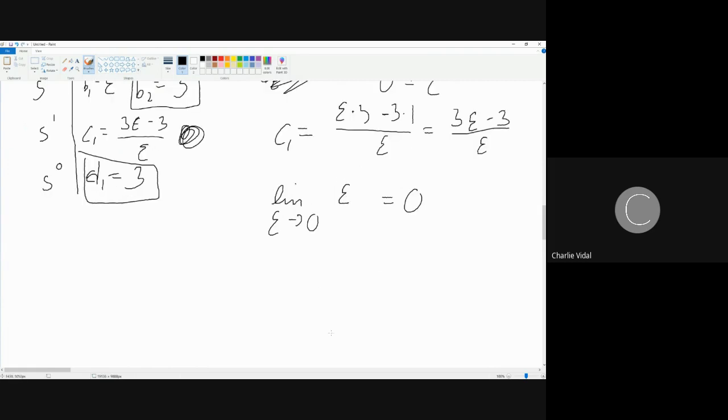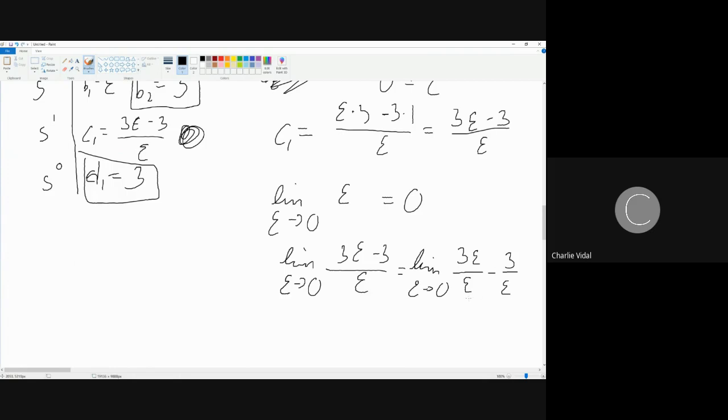Okay. Now we're going to take the limit as epsilon goes to 0 of 3 epsilon minus 3 over epsilon. Now, if you distribute the epsilon, it will be 3 epsilon over epsilon minus 3 over epsilon, right?